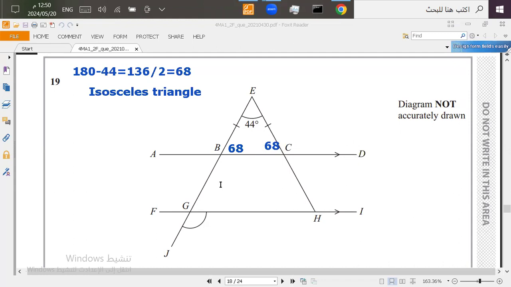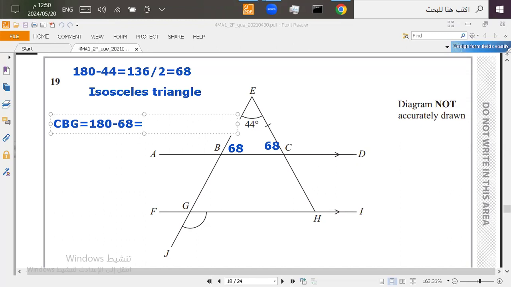Now, this is the first step. Now, we need to find this angle. So let's find this angle by completing the straight line. So this angle, which is CBG, let's call it CBG, equals 180 minus 68.